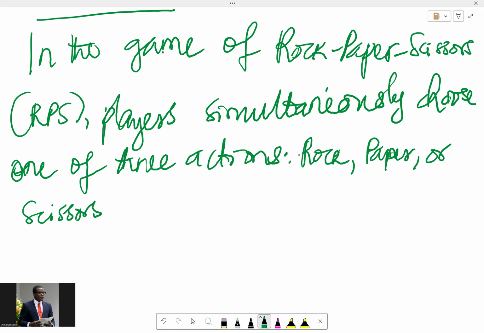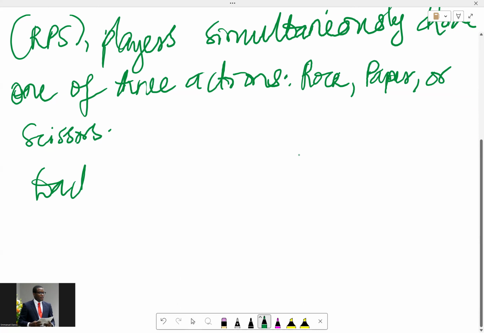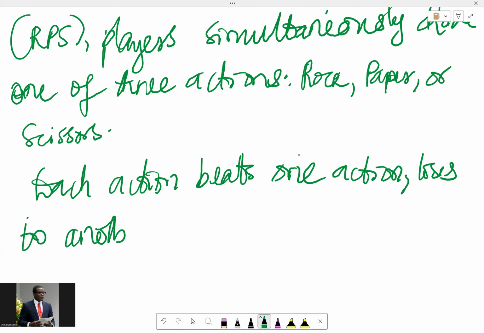demonstrations. So now the thing here is that each action beats one action, loses to another, and ties with itself.